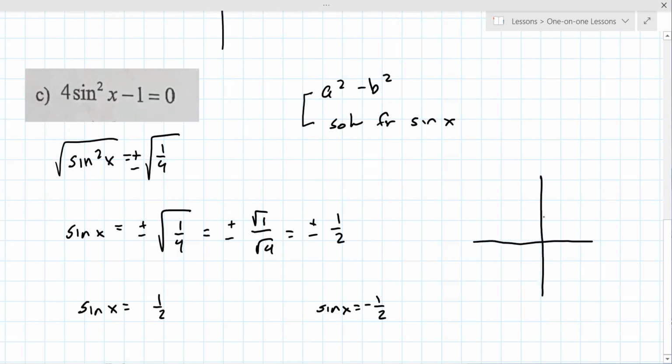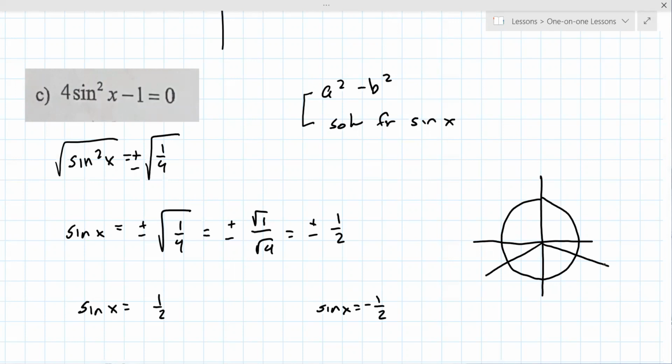I'm just drawing a unit circle. And there's these places, and this is where the y value is -1/2. So -1/2, that's here and here. So I got 11 pi over 6 and 7 pi over 6.